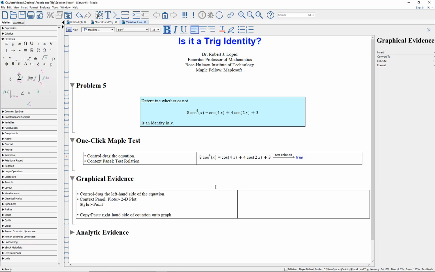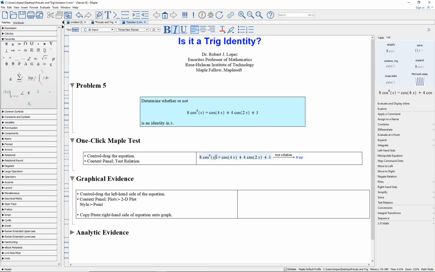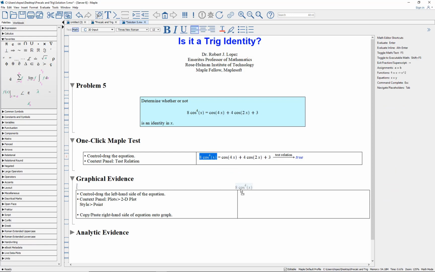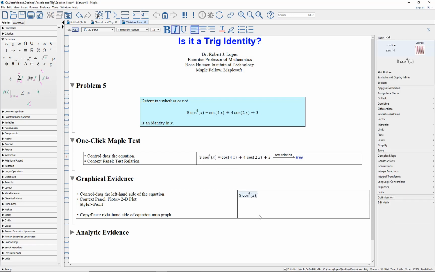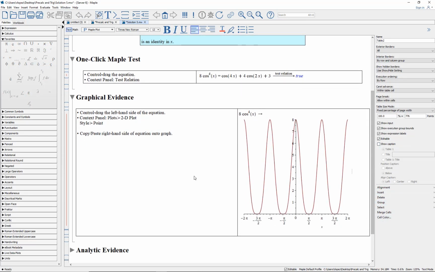So let's graph this left-hand side. Can either steal it or retype it. I'll grab the right-hand side. We go to plots. And I think I'll just take a 2D plot. So there is a graph of the left-hand side.